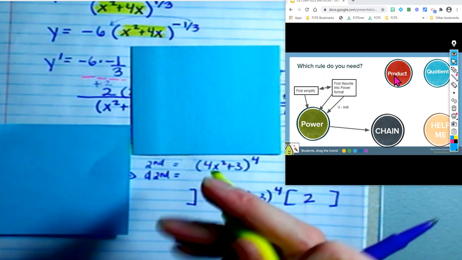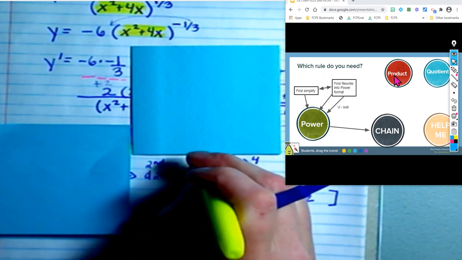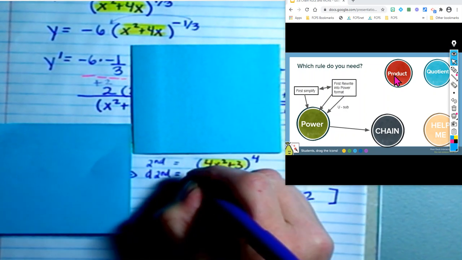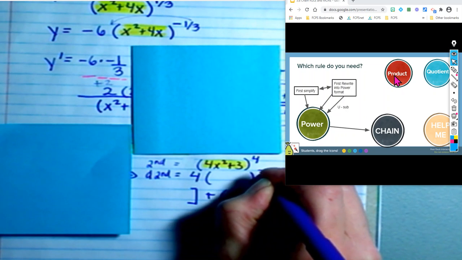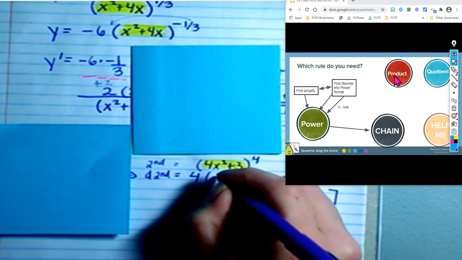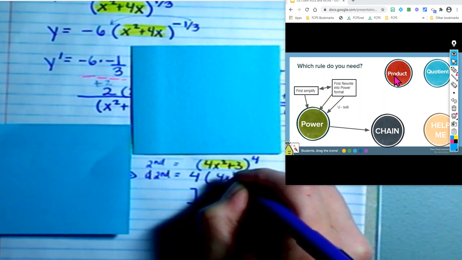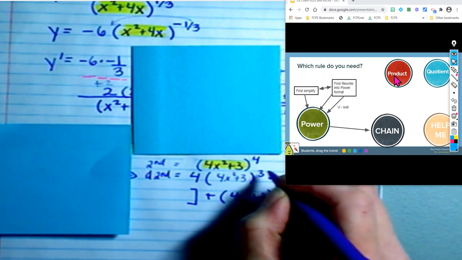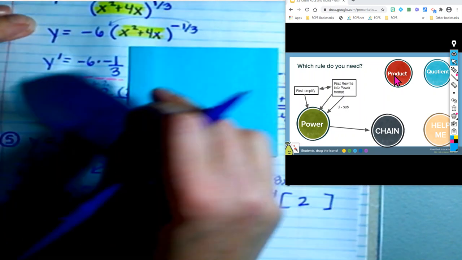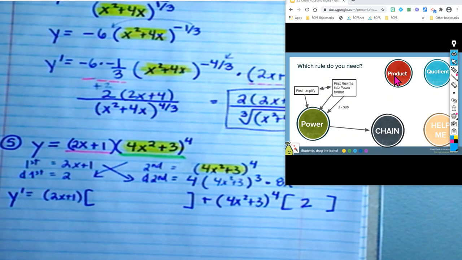Okay, I'm going to identify the inside part. Outside derivative. Copy. Times the derivative of the thing I copied. Woo! All right, let's uncover it.